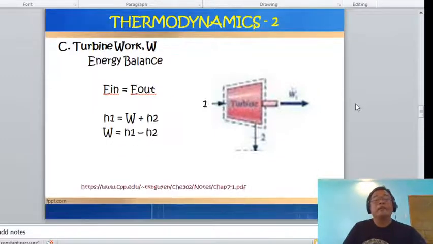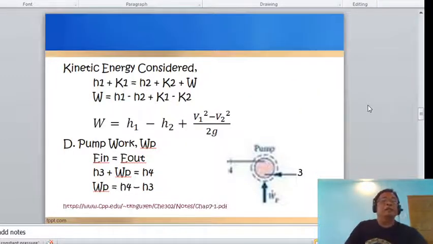Okay? So, next. If, class, the kinetic energy is considered, sometimes we always consider the kinetic energy because of the velocity and the mass of the steam entering the turbine. Okay? So, if it is included, class, again, energy entering is equal to energy leaving.